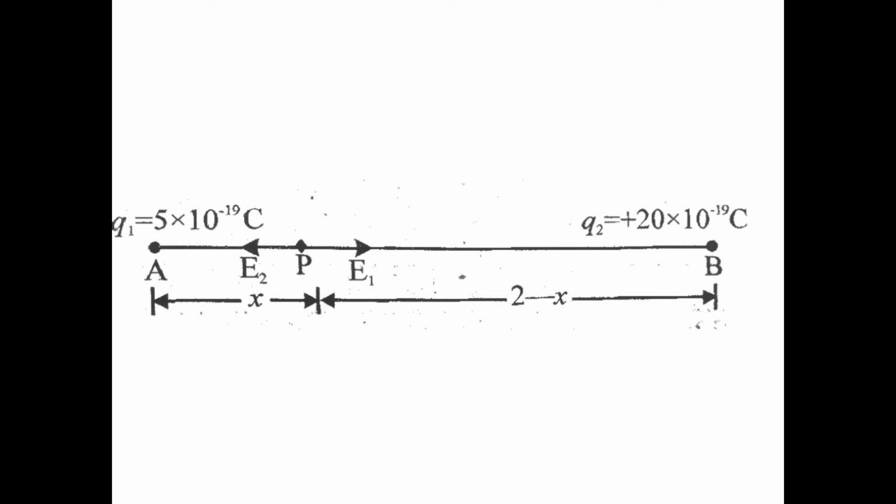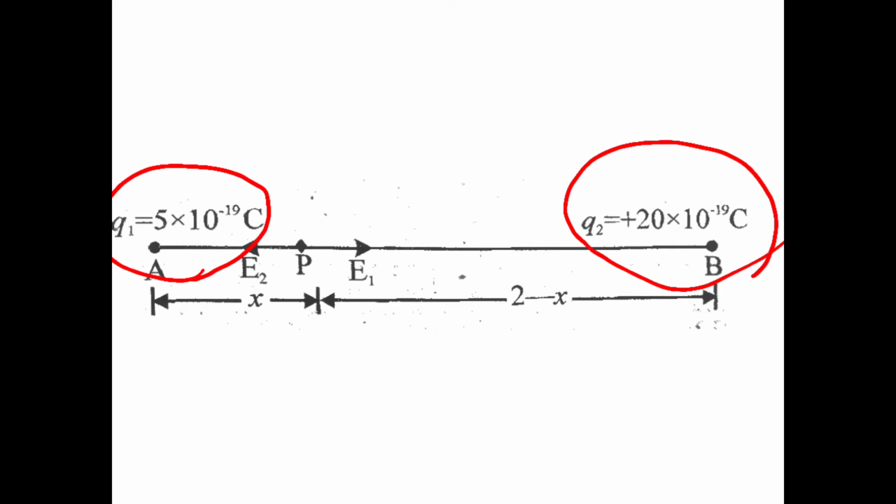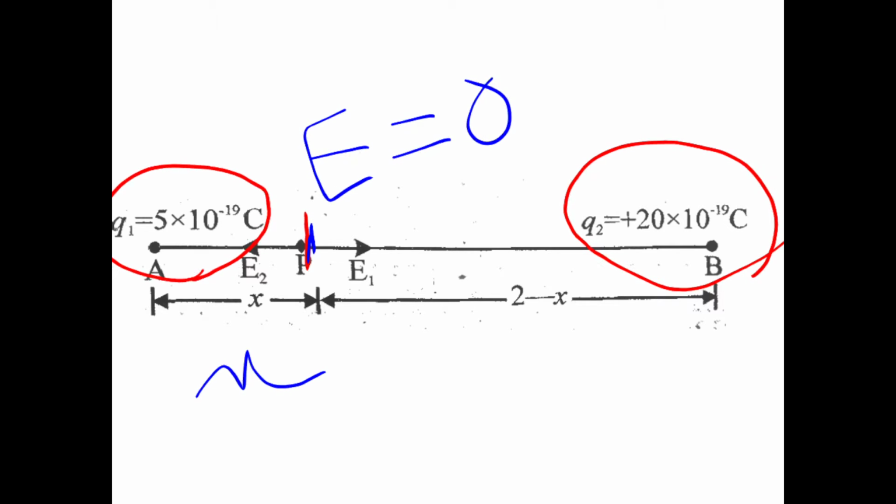What is the figure? Here A is the position at which Q1 is situated and B is the position at which Q2 is situated. And let P be the point at which the electric field intensity will be 0. This P is x meter apart from charge Q1.